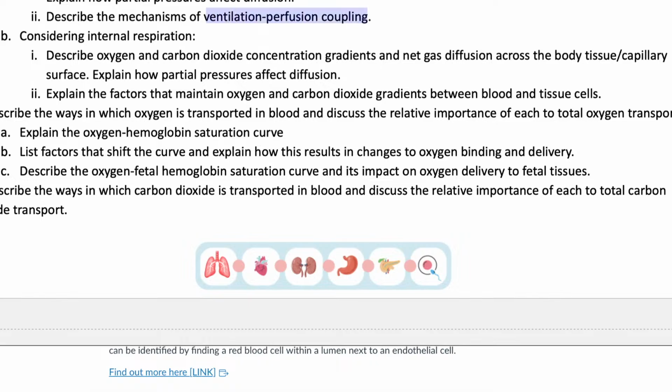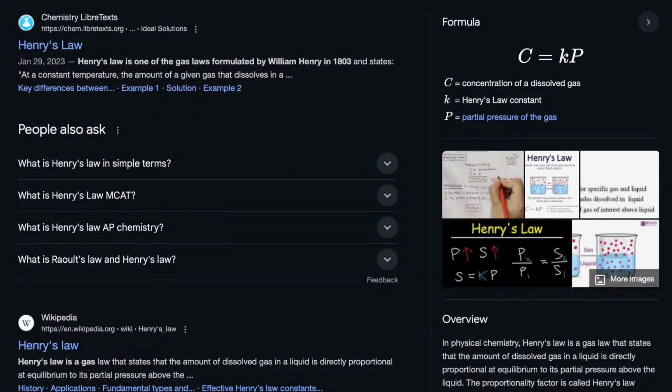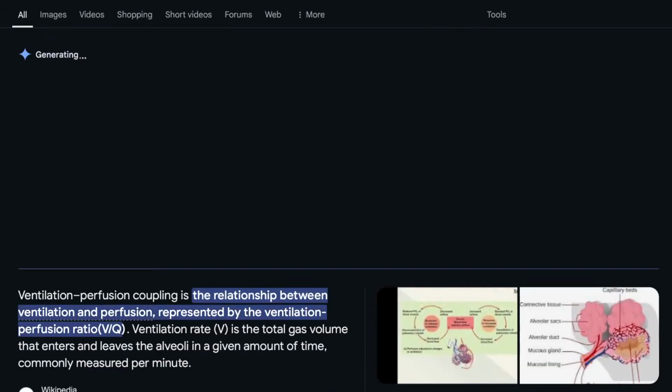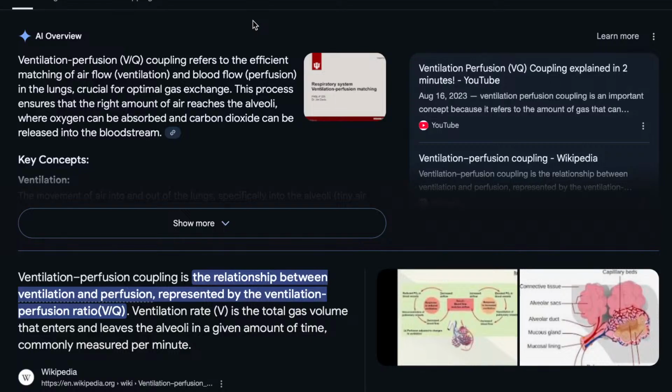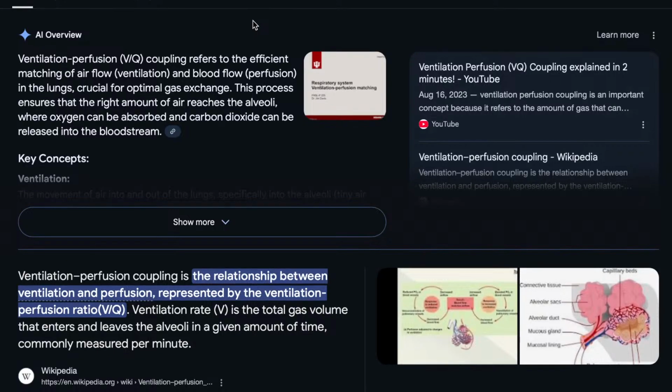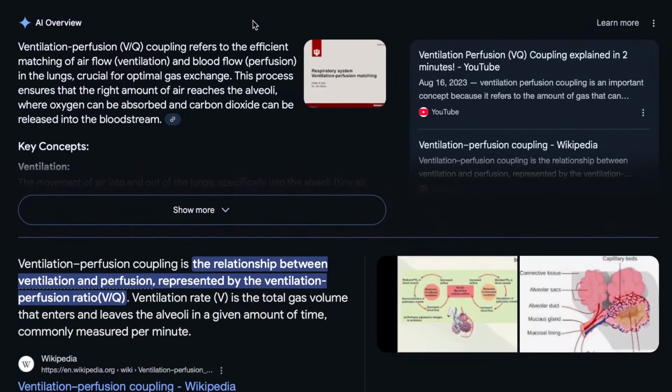Describe the mechanisms of ventilation perfusion coupling. Here, let's look that up. Ventilation perfusion coupling is a relationship between ventilation and perfusion. Ventilation refers to the efficiency of airflow, and it's crucial for optimum gas exchange.